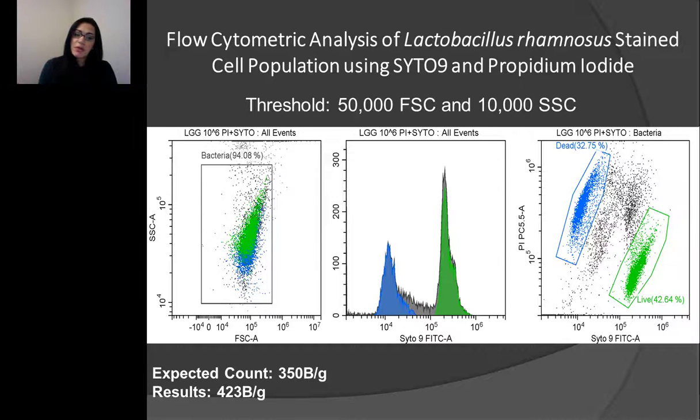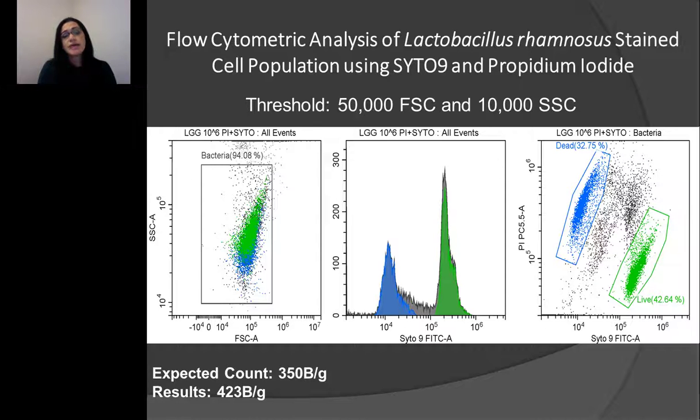In the first panel you can see the bacterial population, the second one shows you the histogram, and the third panel shows you the dead cells versus live. We were looking for an expected count of 350 billion per gram, and we got 423.